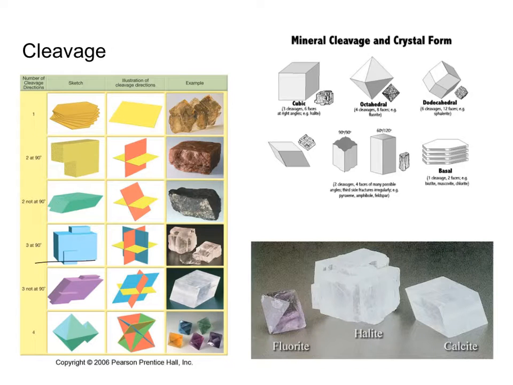So 3 cleavage planes at right angles to each other is the situation for the halite, the sodium chloride crystals. And you can see, they don't look exactly like dice, right? But if you look at them, there's overall kind of a picture of, well, I see a plane here and a plane here and a plane here, and they're all kind of at mutual right angles to each other.